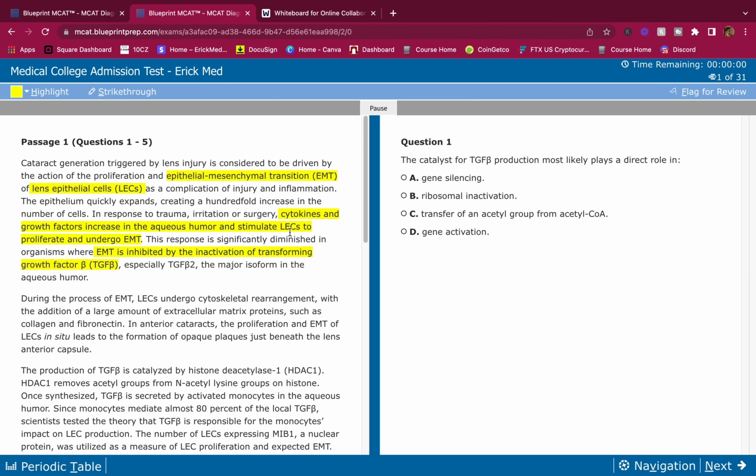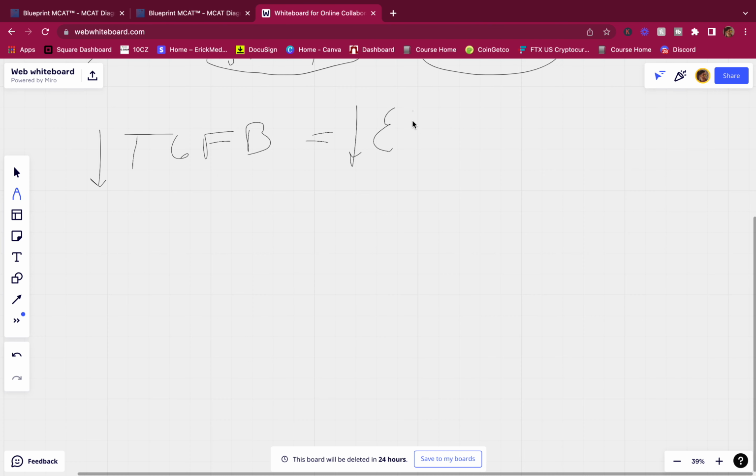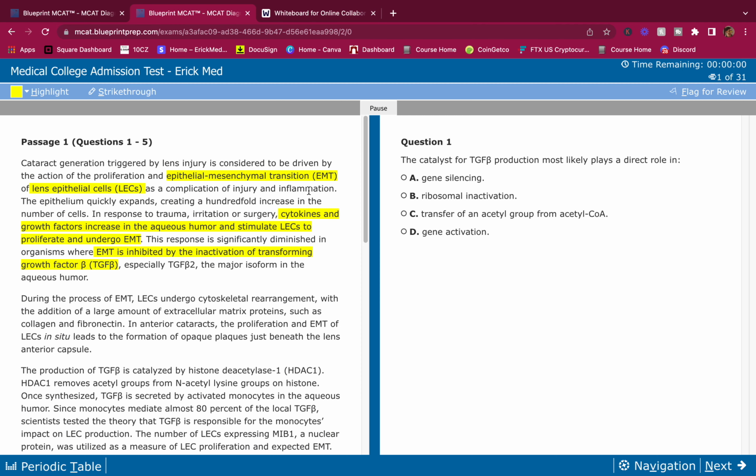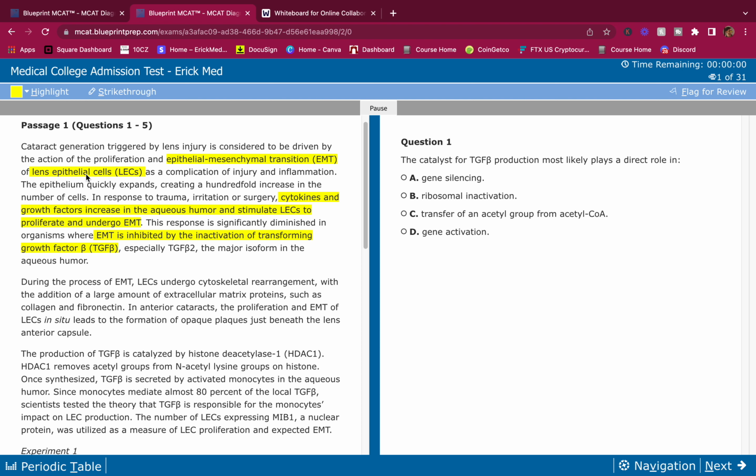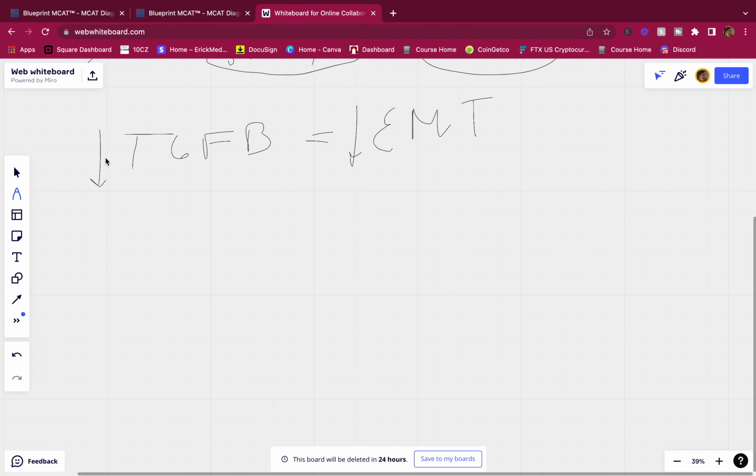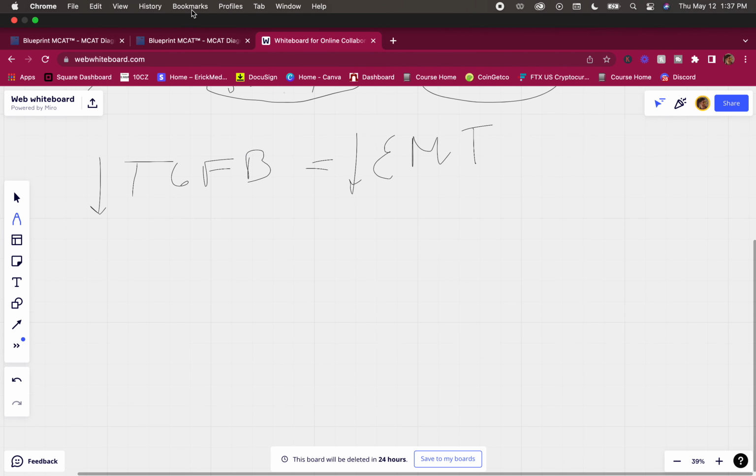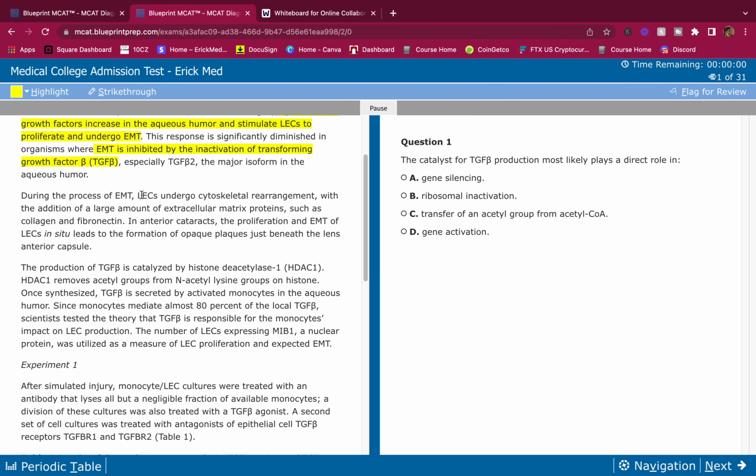A decrease in LEC undergoing proliferation and LECs undergoing EMT. Okay, so we have a decrease in EMT, which is that epithelial mesenchymal transition. All right. So I just wrote that real quick on my paper. This should take you 2 seconds. Quick, boom, boom. Okay. Let's keep going.